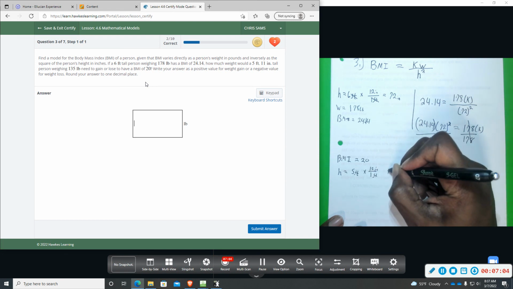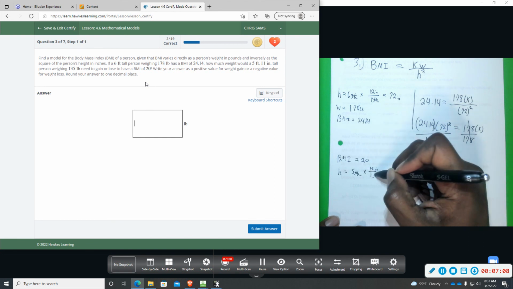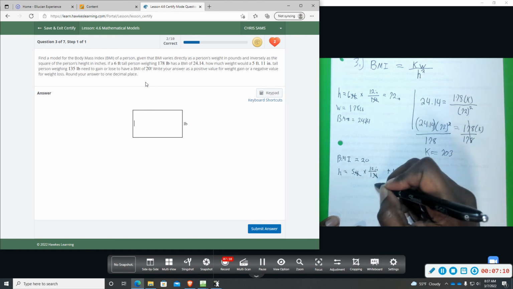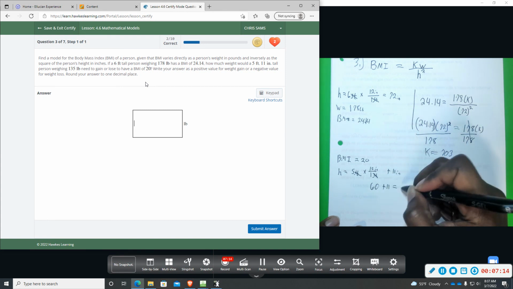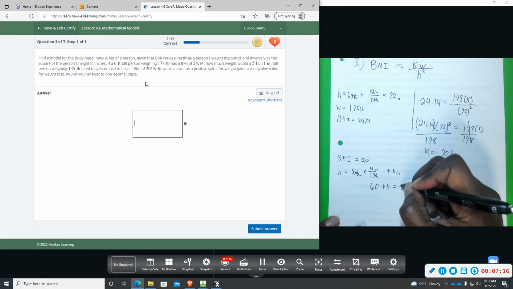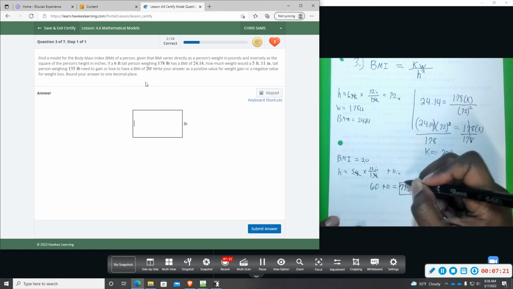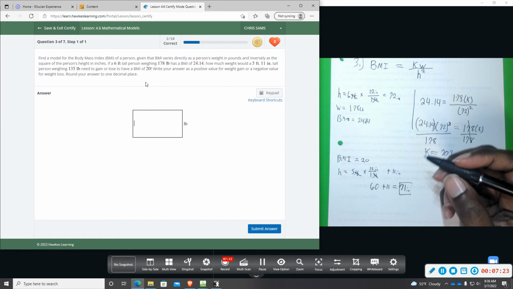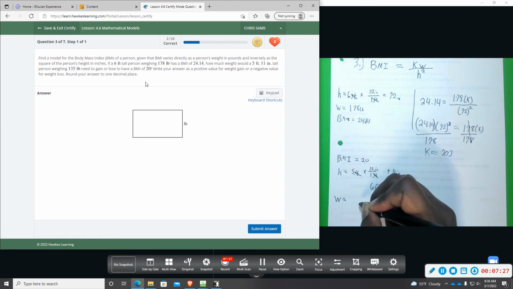And then we have to add our 11 inches. So feet, we'll cancel out feet. 5 times 12 is 60. So we have 60 plus 11. That will give us 71. So 71 inches is our height. And the weight, which we will use in just a minute, is 135.